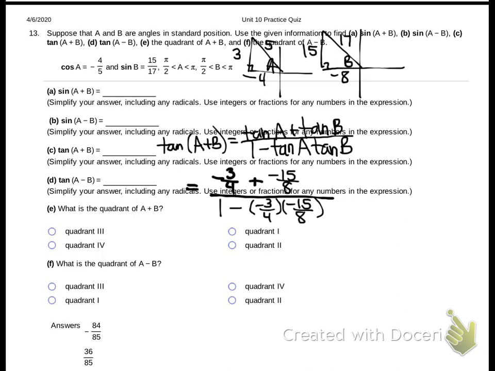Because this is a complex fraction, I can get rid of the denominators, but first I'm going to multiply the numerator. So when I multiply negative 3 and negative 15, I get positive 45.